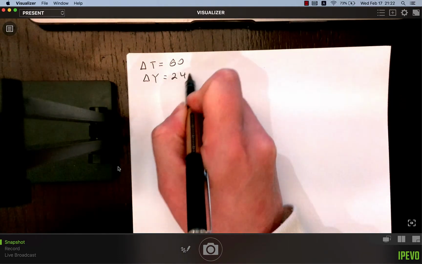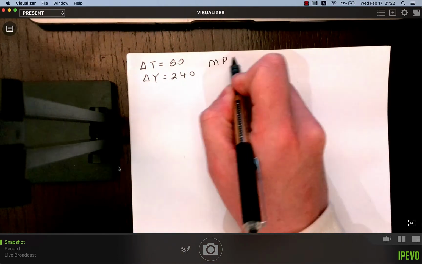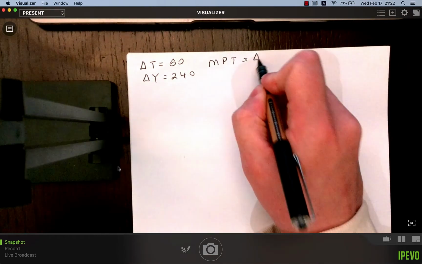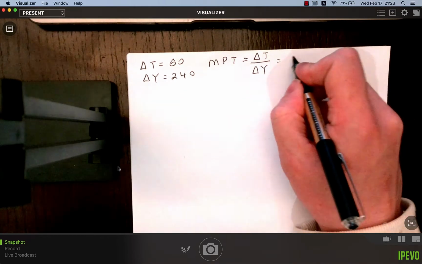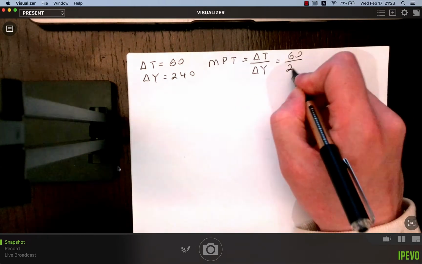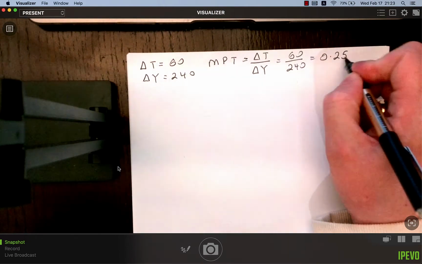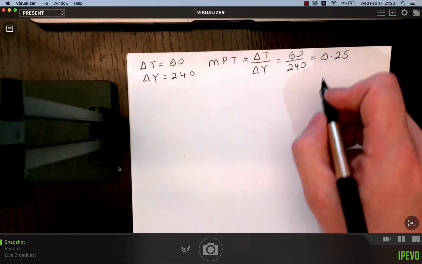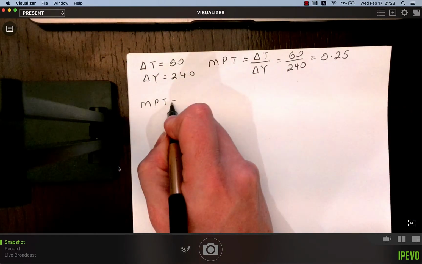So what we're saying is the MPT equals the change in tax over the change in income, which equals 60 over 240, which I believe is 0.25, and I hope I am right. So the MPT equals 0.25.